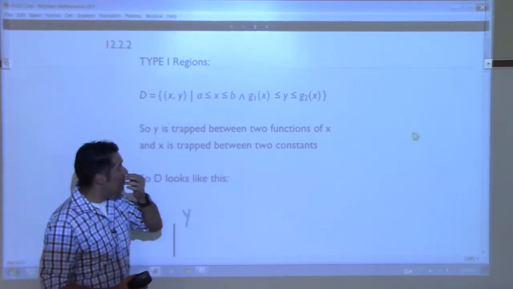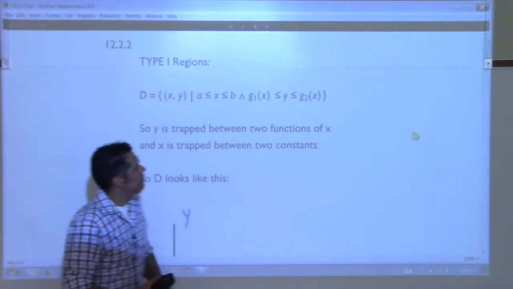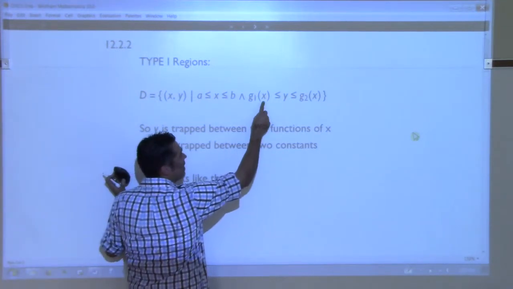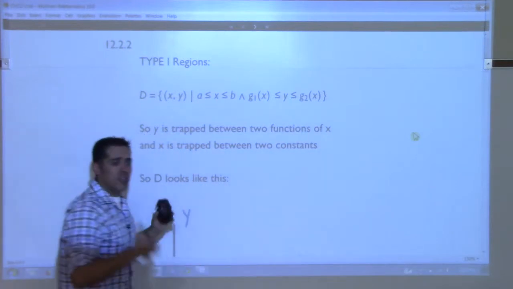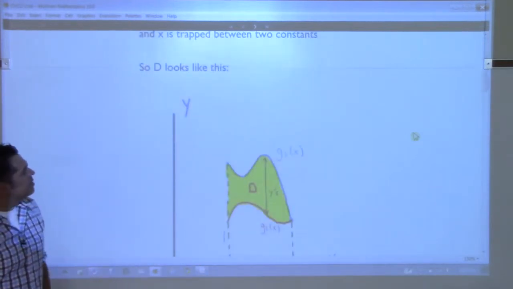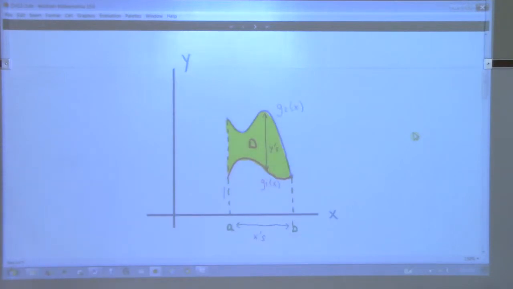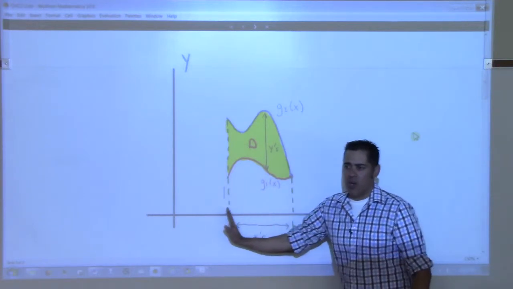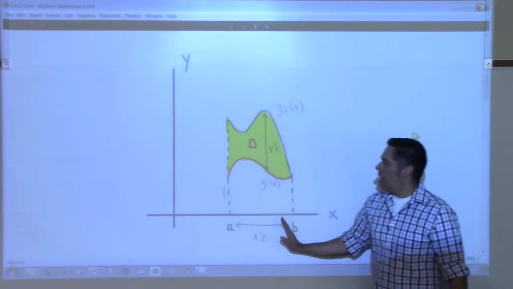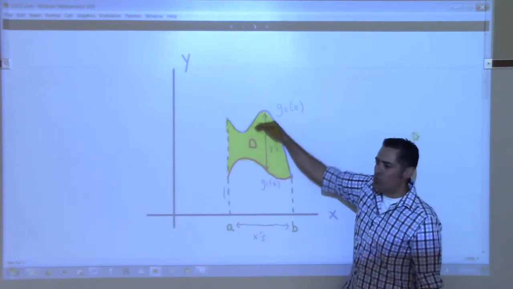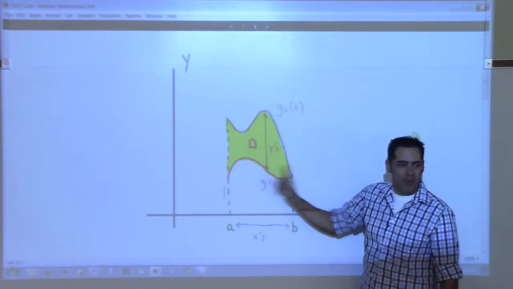But look at our Y. What's our Y between? G1 of X and G2 of X. Two functions of X is what bounds our Y. So here's what this looks like. Our X's are bound between two constants, and our Y's are bound between two functions of X. But remember, this is the domain.